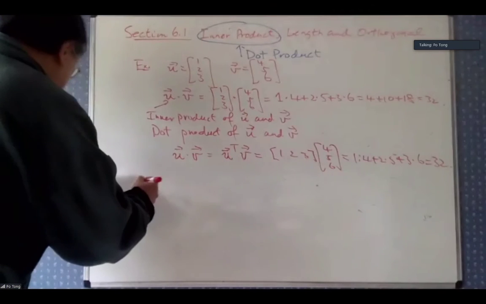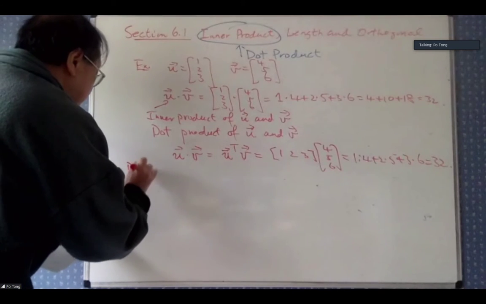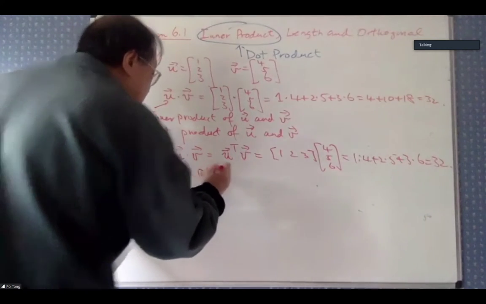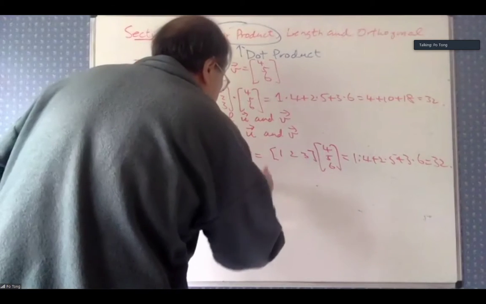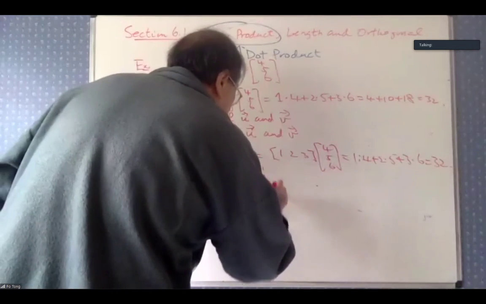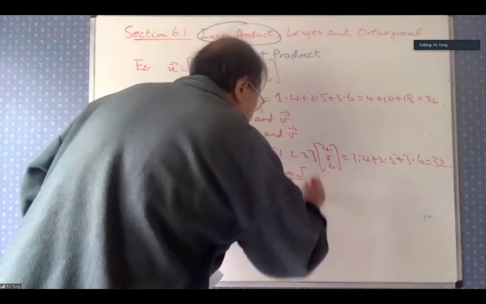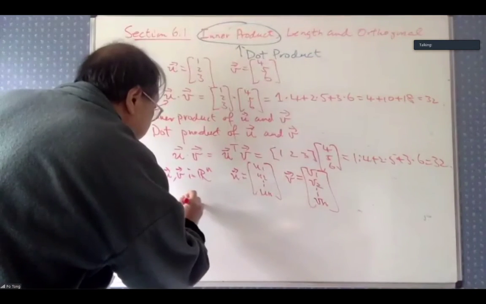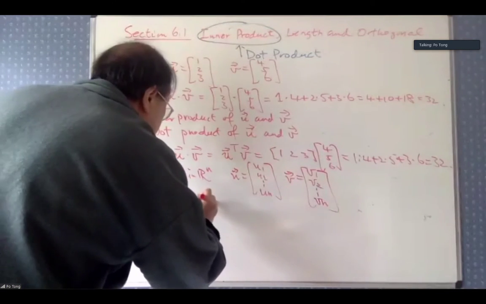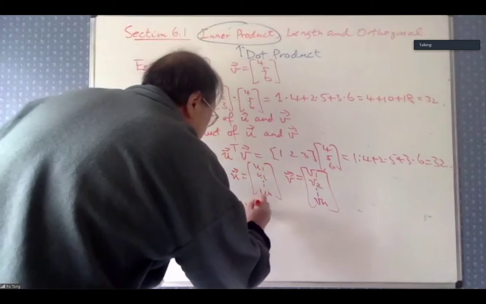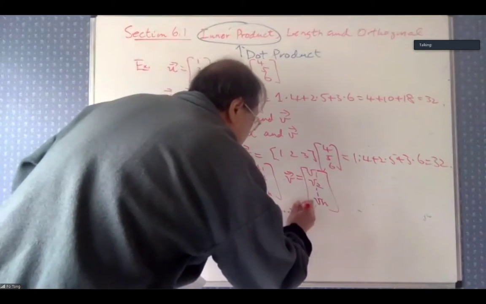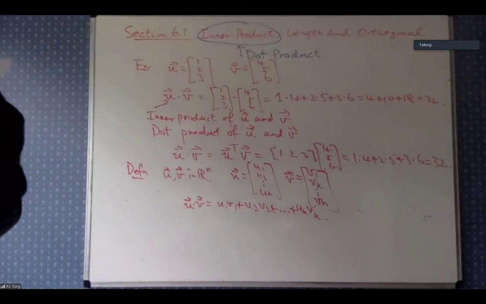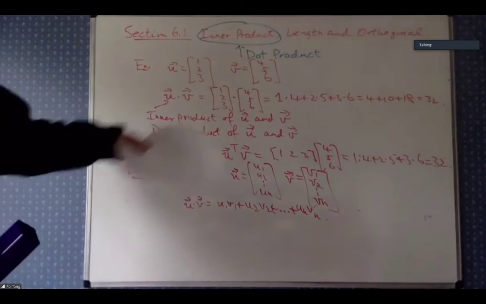So in general, you will be in R^n. U will be U1, U2, up to UN. V will be V1, V2, up to VN. U dot V will be just U1 V1 plus and so on. Any questions?